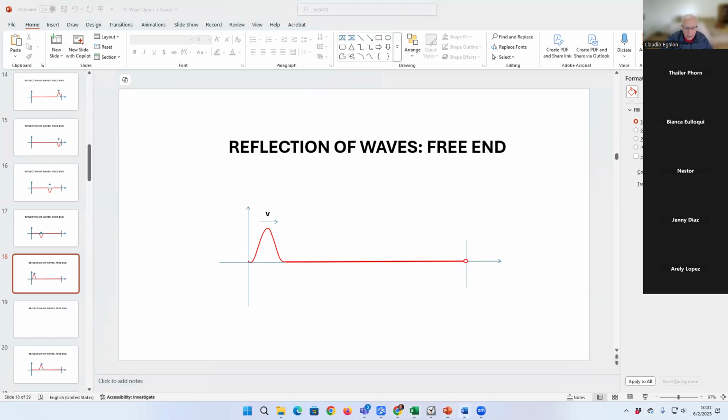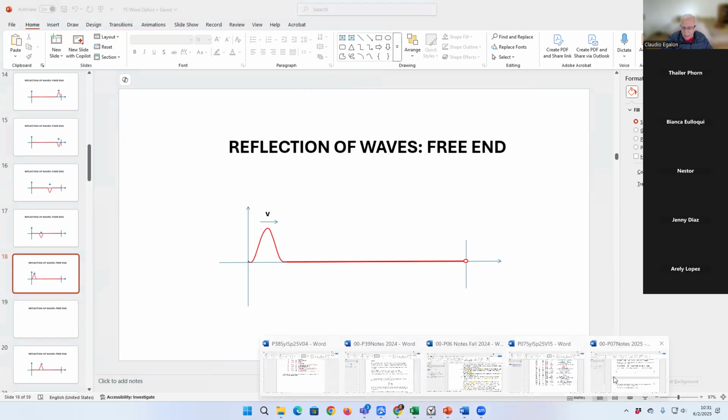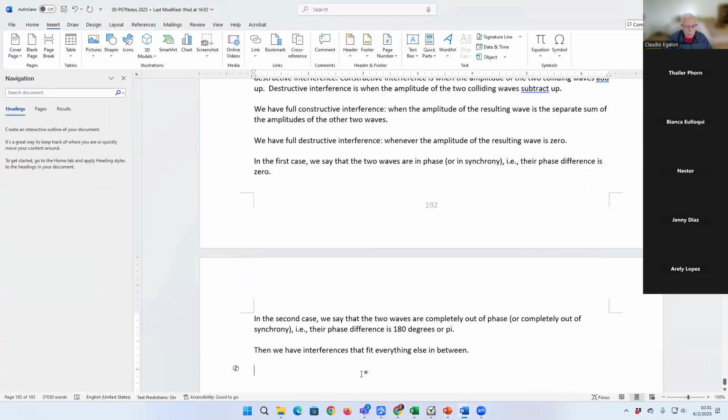So here you go. Let me write down in my notes. We also have wave reflection. There are 4 important types of reflection.